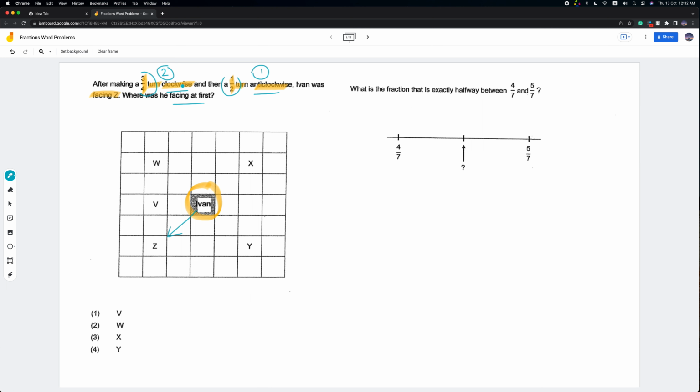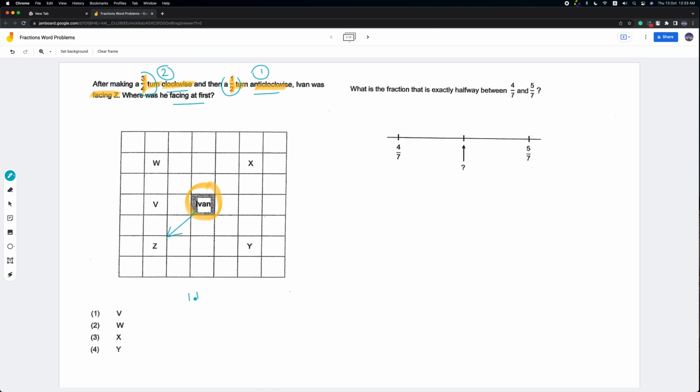Again, because we are working backwards, we want to know where he was facing first. So he turned half a turn anti-clockwise. Anti-clockwise is the opposite of the clock's direction, so now we're going to go clockwise, half a turn. You need to know a few things first.